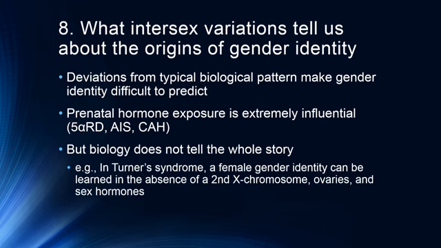But biology certainly does not tell the whole story. In Turner syndrome, a female gender identity can be learned in the absence of a second X chromosome, ovaries, and sex hormones. So this is a complex mix of biology and our social environment. All of these things are outside of an individual's control.